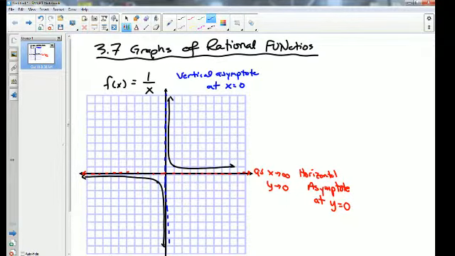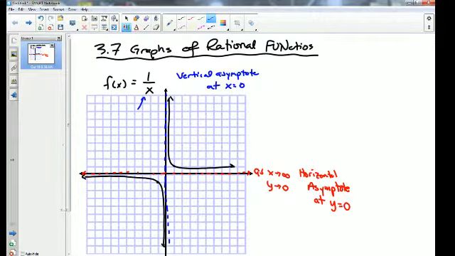The question of the day is, how do I determine that? Horizontal asymptotes are determined by end behavior. The question is, how do I determine vertical asymptotes? We're looking for an infinite discontinuity, which is at what?